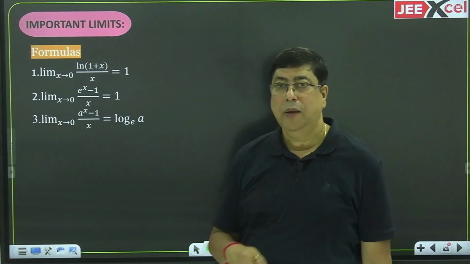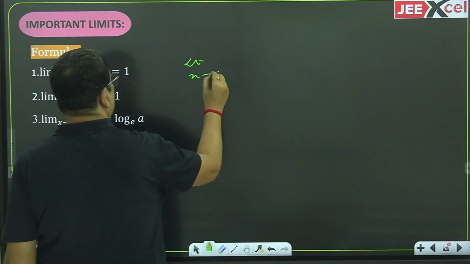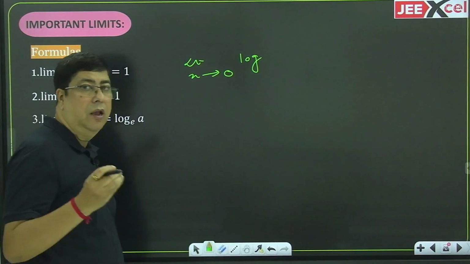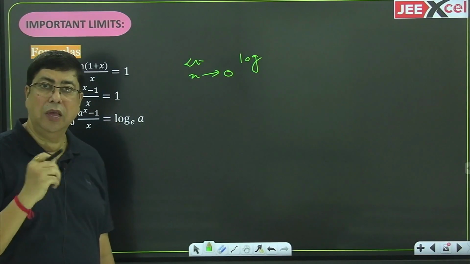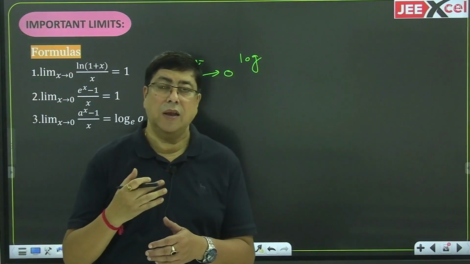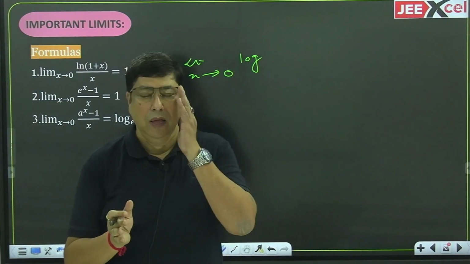So let's apply this. Here, for the first case, limit x tends to 0 log of... see, in calculus, whether log or ln is written, by default the base should be e. Sometimes in the question paper they write log, sometimes ln, but if nothing is mentioned, the base should be e.